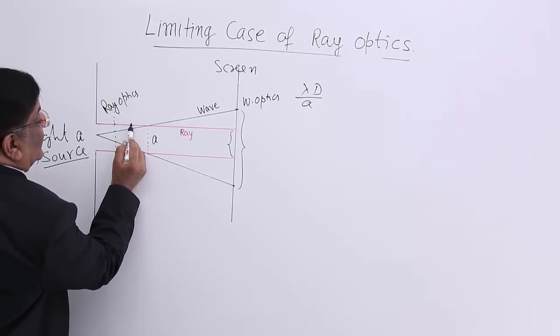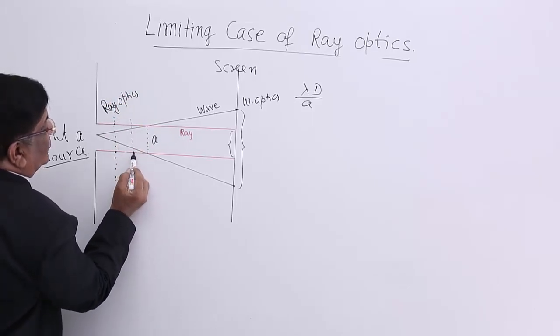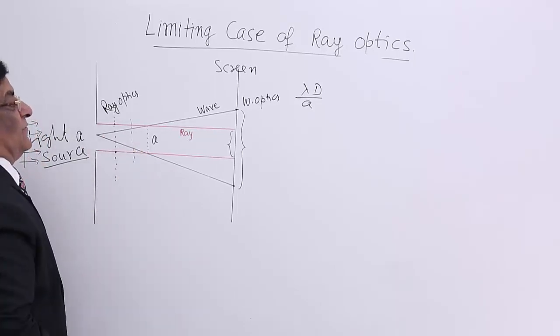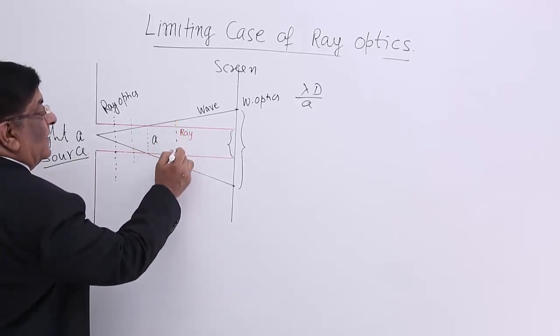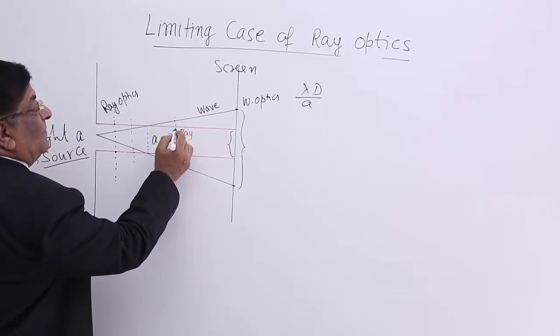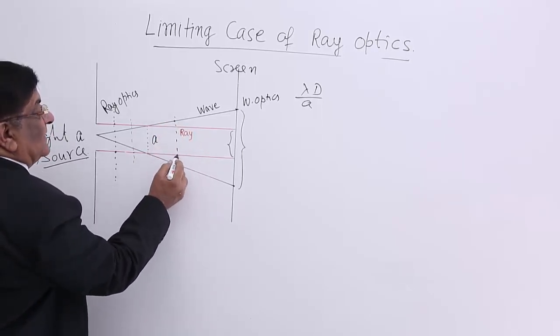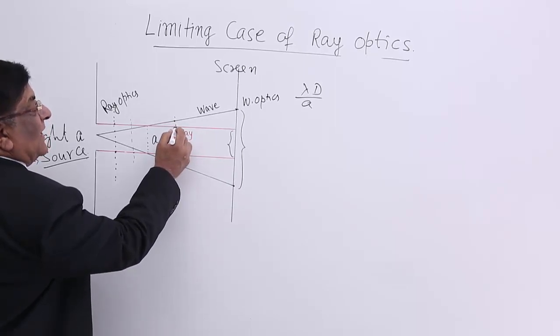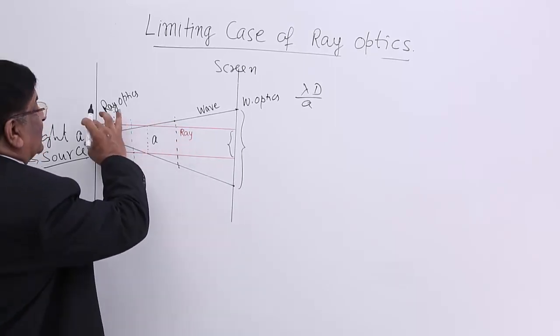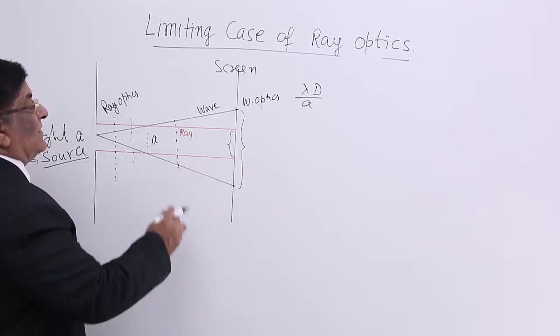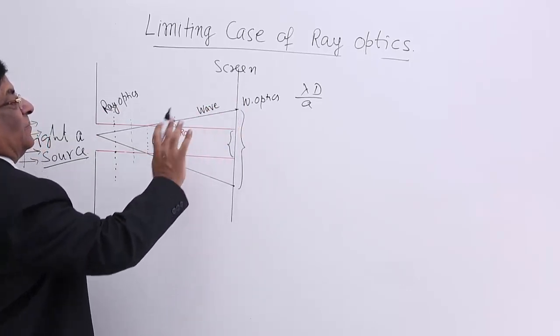If I go here, I see image from this point to this point, which is according to ray optics principle. If I go here, I find the image is from this point to this point, but according to ray optics it should be this much. But I am finding actual central maxima this large. So I say that this is according to wave optics.